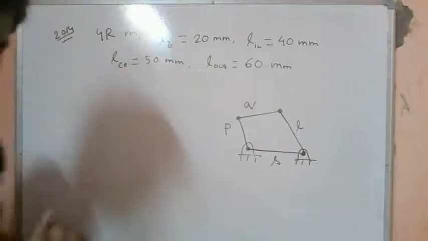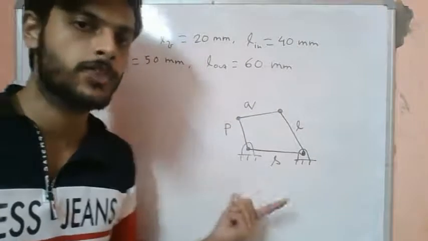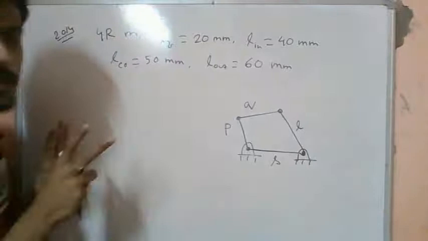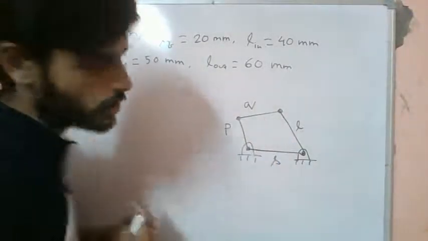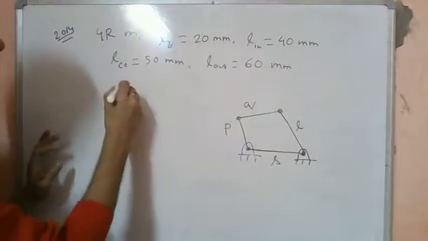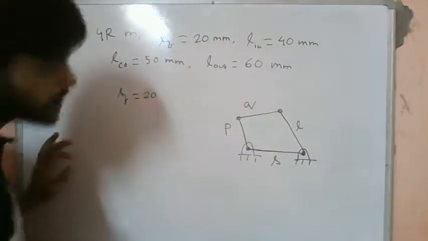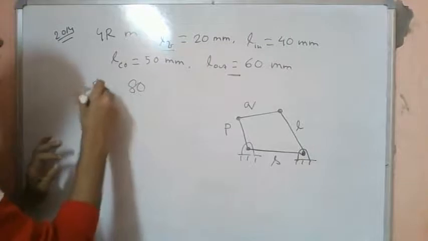First of all, for any 4-bar mechanism, it is essential that we check whether it satisfies Grashof's law or not. So LF equals 20. The shortest plus the longest link: 20 plus 60 is 80.